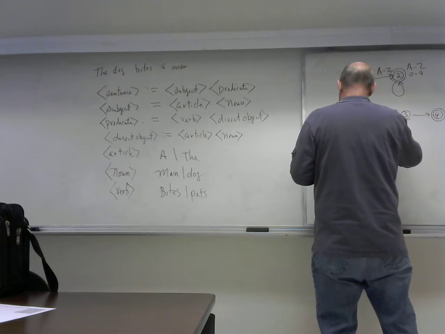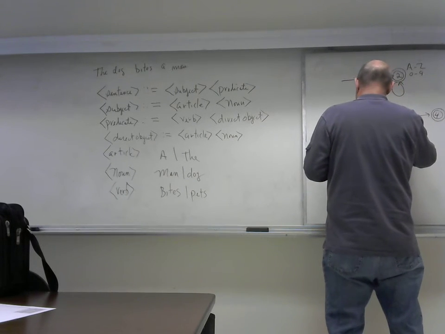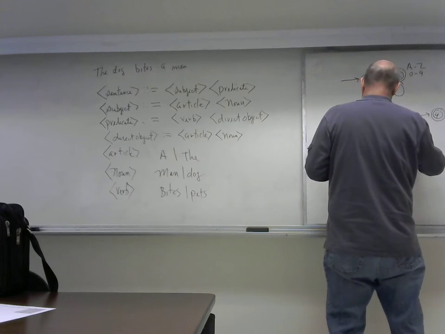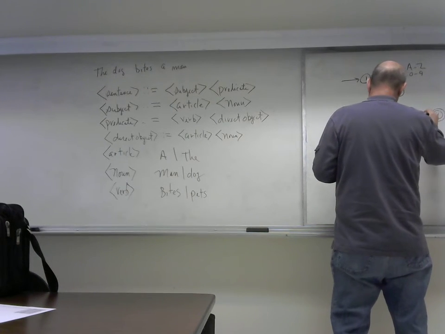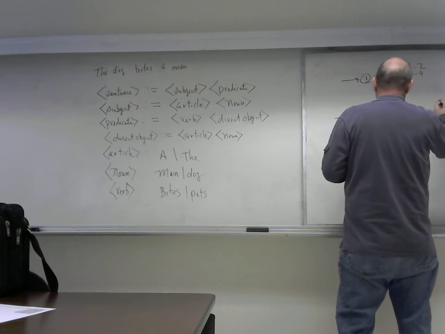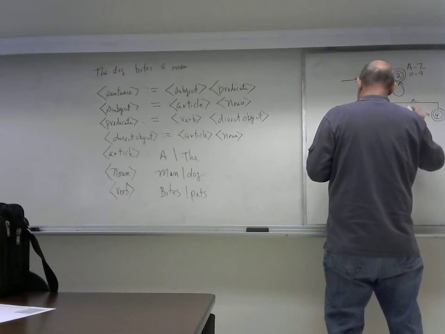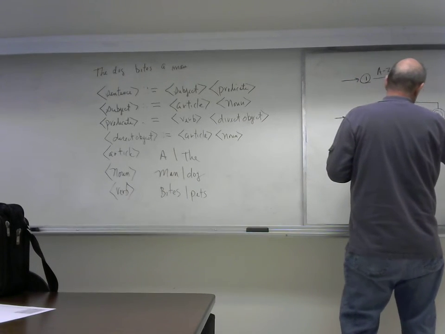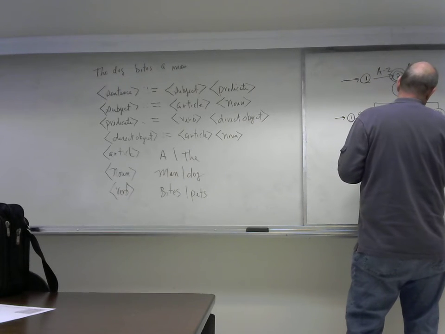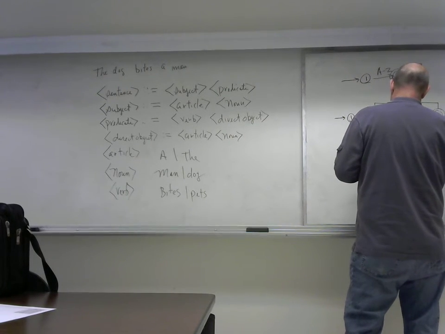Then we have A, and then B, and then C, and then we can go back here. This is A, and then on 4, we can have a nice little loop. This is C.